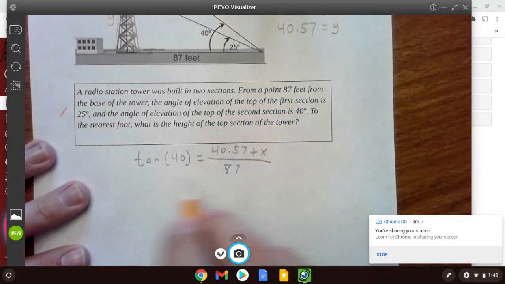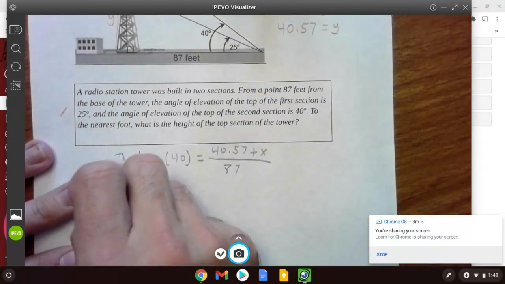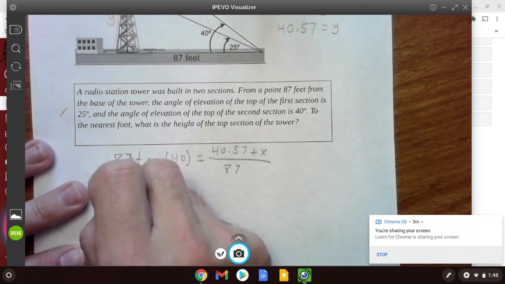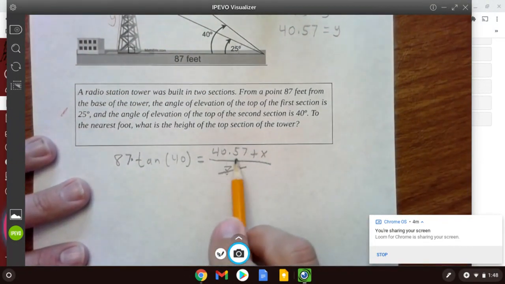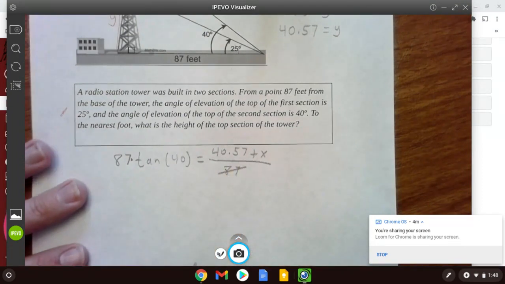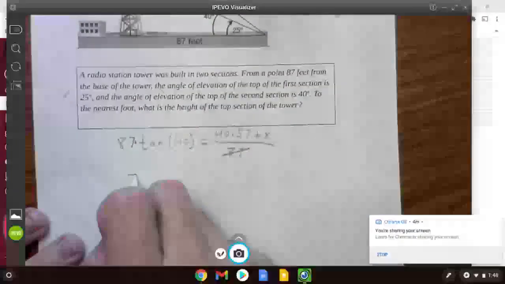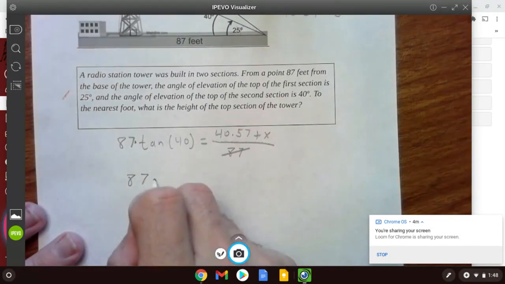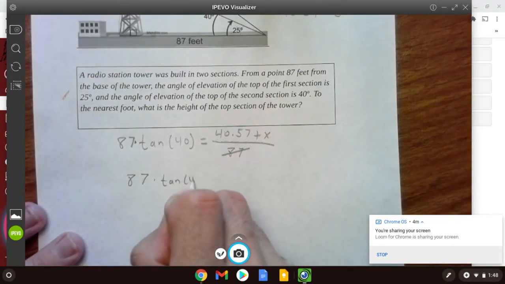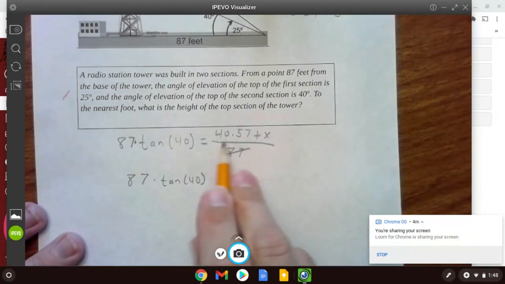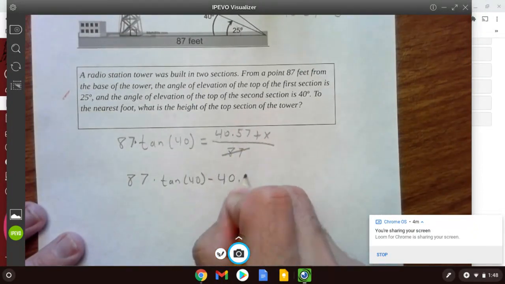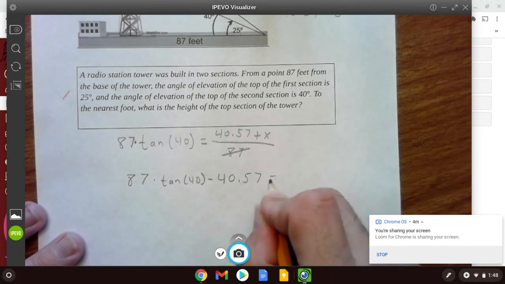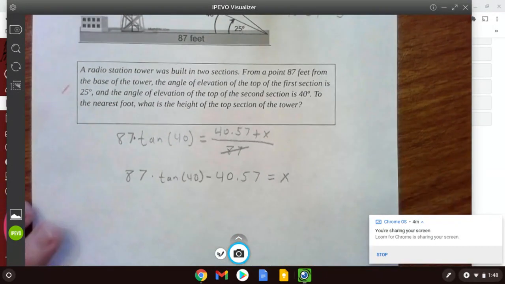All right, so multiply by 87. We're going to get 87 times tangent of 40, and then we're going to move this 40.57 over. To move this positive 40.57 over, I need to subtract it. All of that is equal to x.